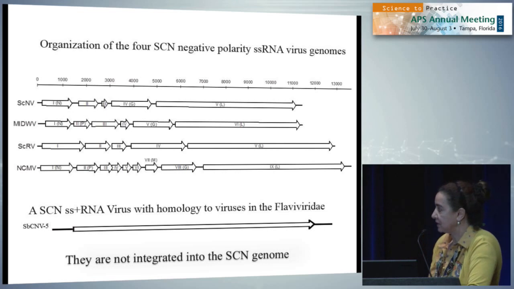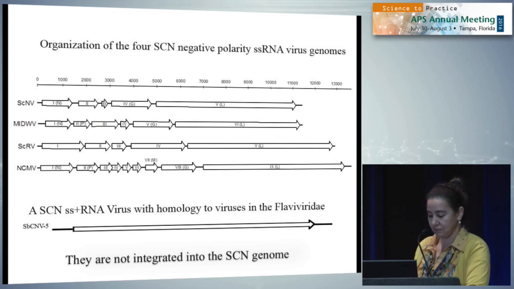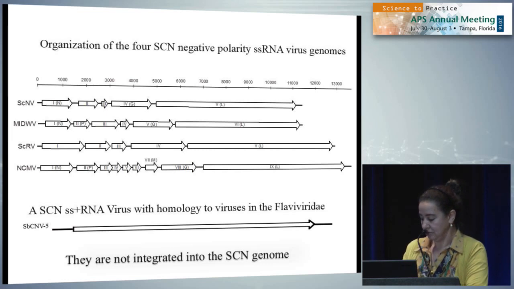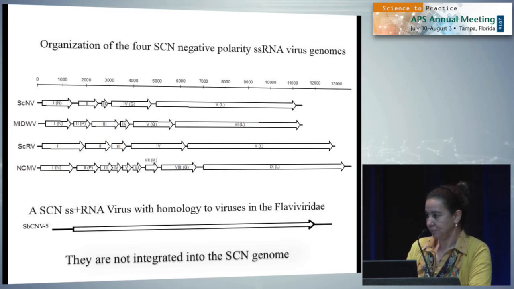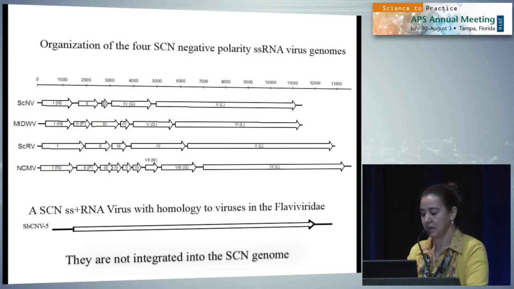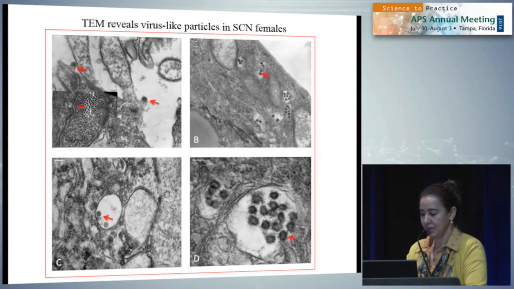Like 1 year later, we uncovered another virus, a positive strand RNA virus, which had the biggest genome, 20 kilobase, and it seemed to have one polyprotein RNA, and we were interested to characterize that one as well.